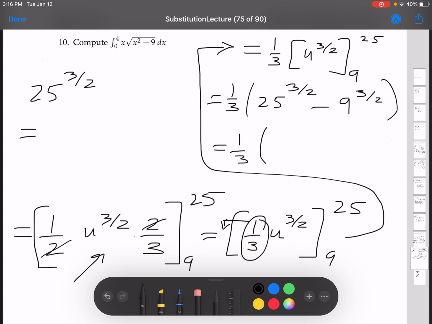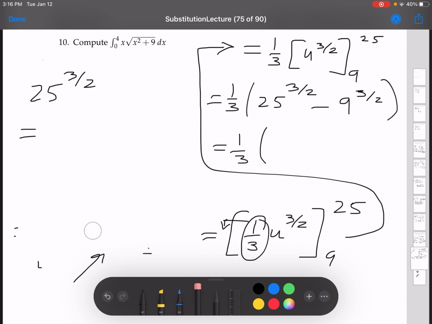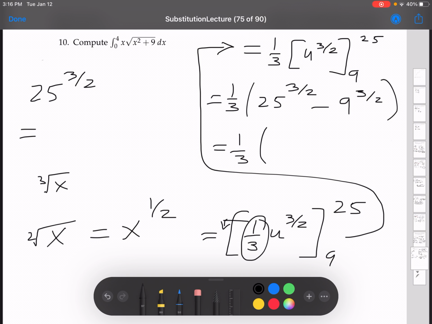Now I often forget what that thing looks like again. So the way I remember it is I just think, okay, remember that root x is equal to x to the 1/2. And when you write root x, we're leaving out that there's actually a 2 there. Similarly, you might have a cube root of x is x to the 1/3.